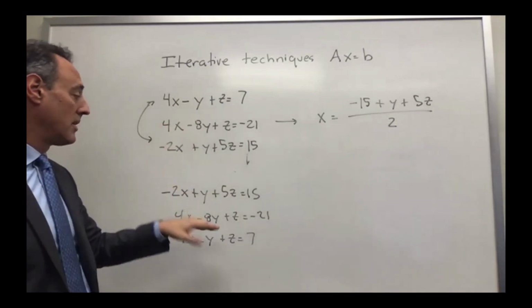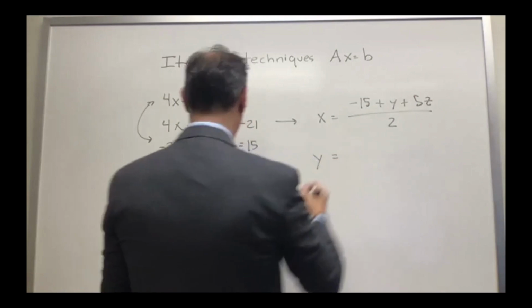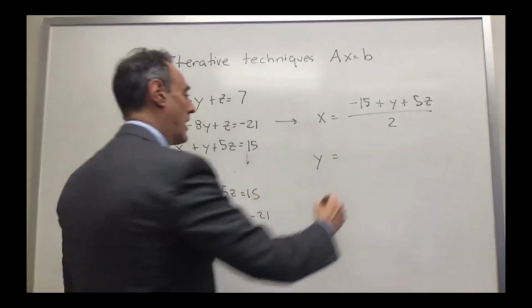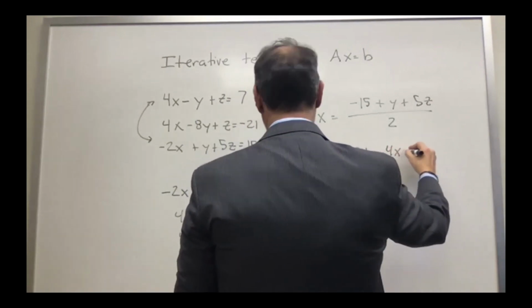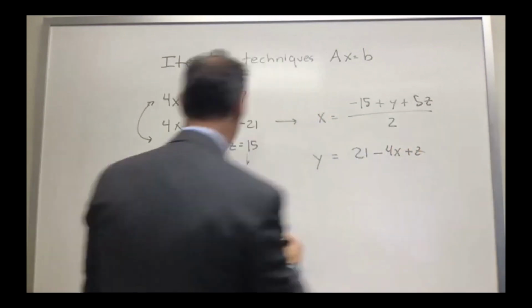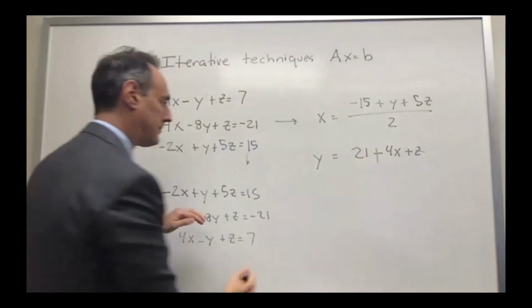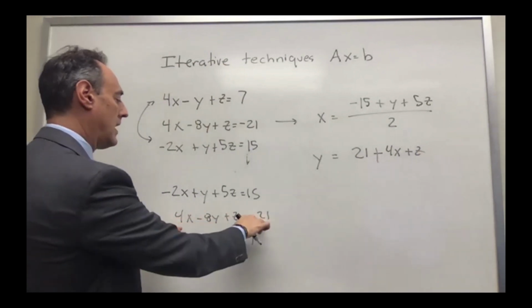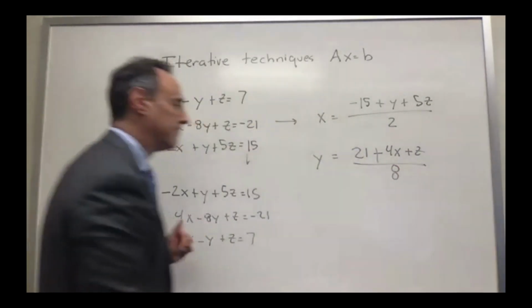From the second equation, I get exactly what I had before. So I should have just not erased it and kept it, but fine. Y is equal to, so I moved the 8y over here, the 21 over there. So I have 21 minus 4x plus z. Sorry, I brought that over here, so it's plus 4x. So 4x plus z, the 21 and the 8 come over here, so there's a divide by 8.